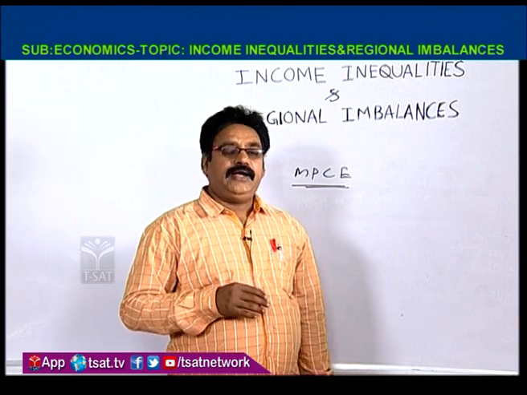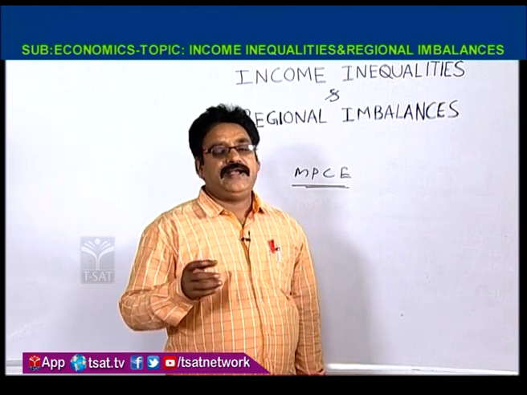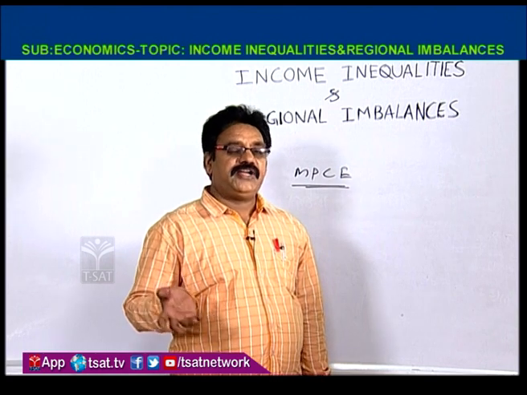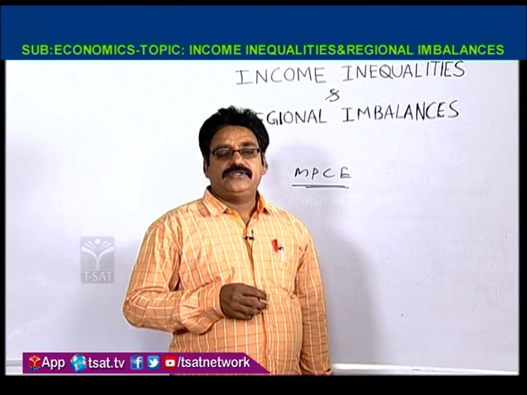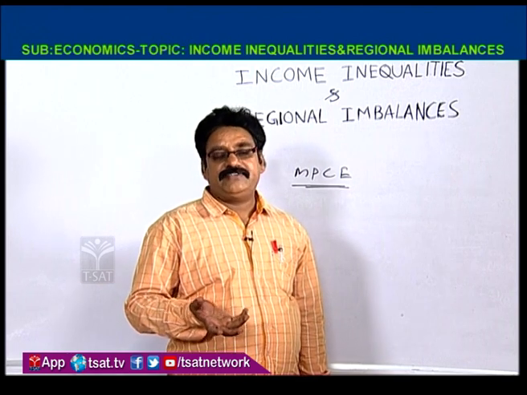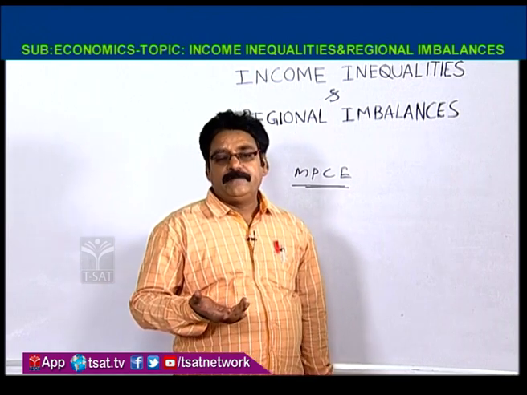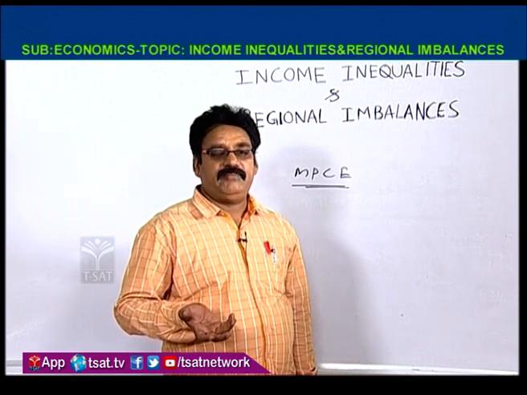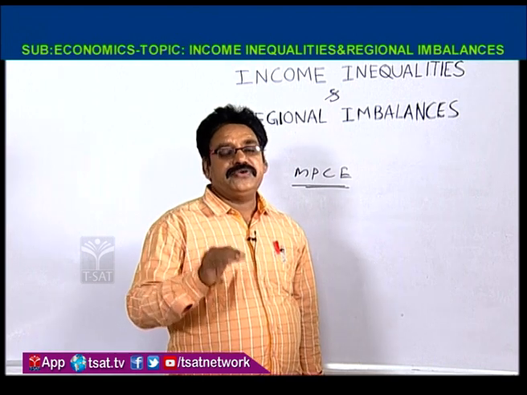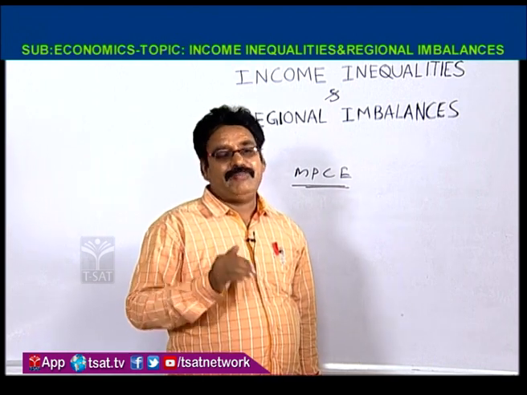Along with this, health, education and training should be provided to the people in that area, so that they can increase their productive skills, improve their living standards and their income levels, and thereby reduce regional imbalances.